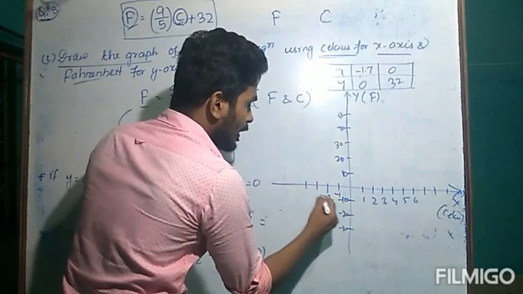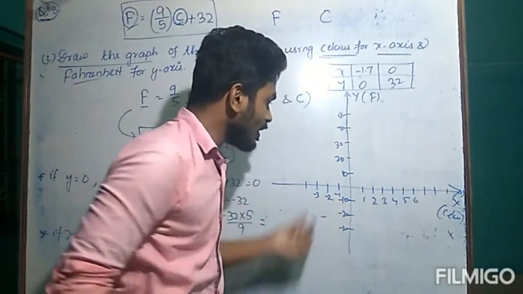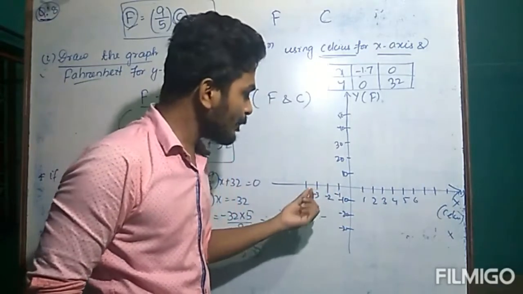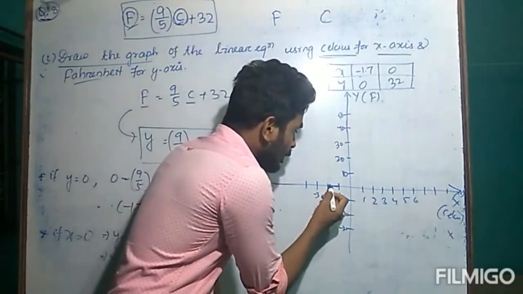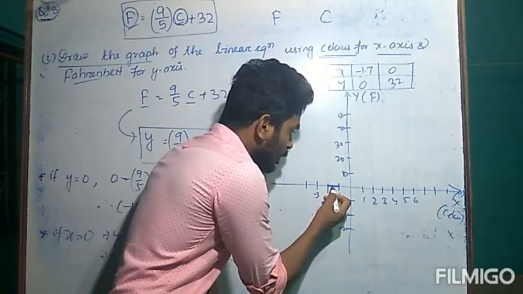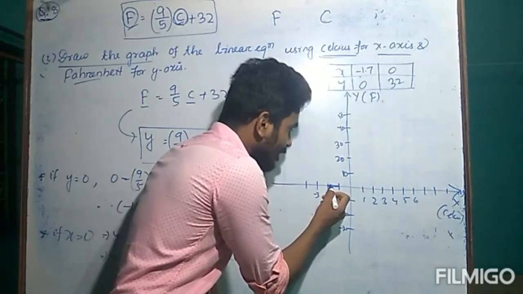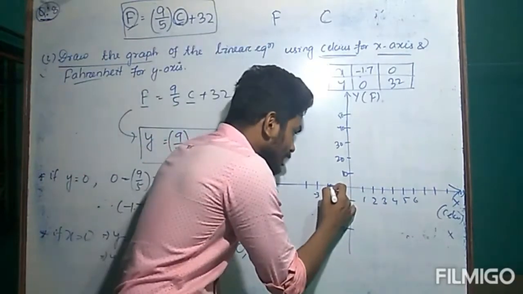First point is minus 1.7, 0. So minus 1.7 means in between minus 1 and minus 2, there are 9 straight lines, so it divides it into 10 equal parts: minus 1.1, minus 1.2, minus 1.3, minus 1.4, minus 1.5, minus 1.6, minus 1.7. The y coordinate is 0, so it lies on the x-axis.